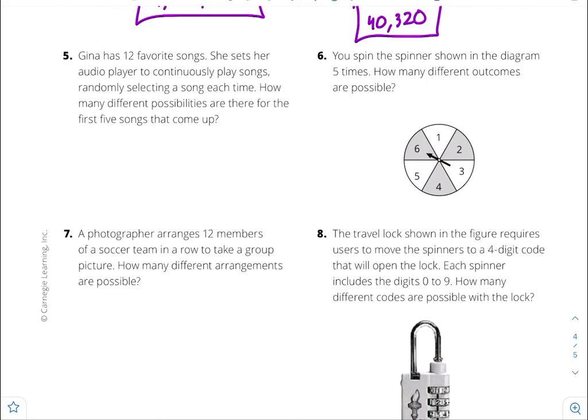Okay, Gina has 12 favorite songs. She set her audio player to continuously play songs randomly, selecting a song each time. How many different possibilities are there for the first 5 songs that come up? Basically, how many different songs can be played for the first 5 songs?